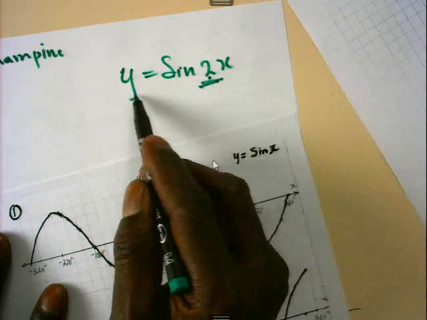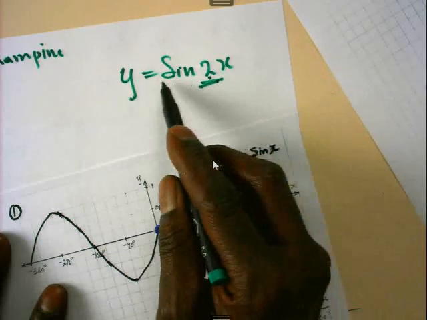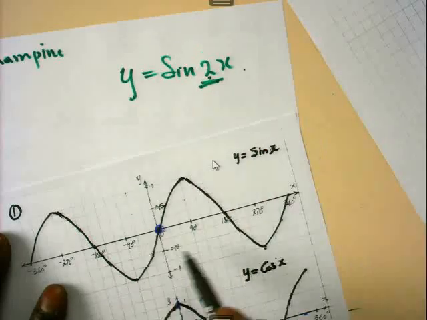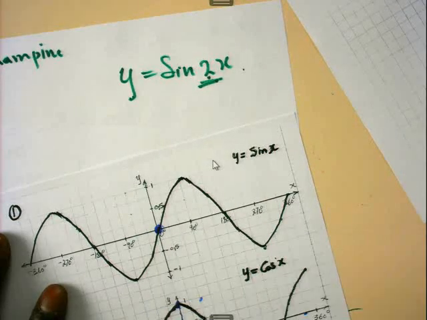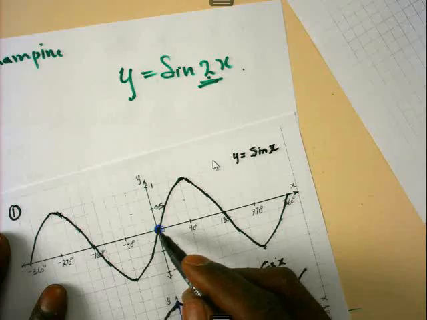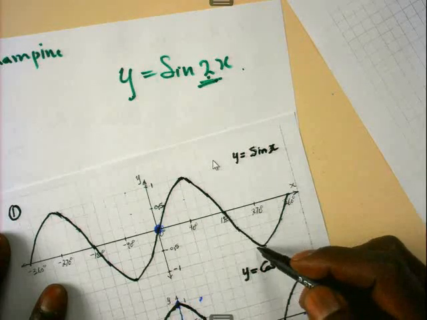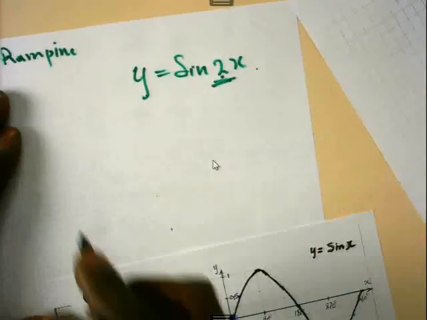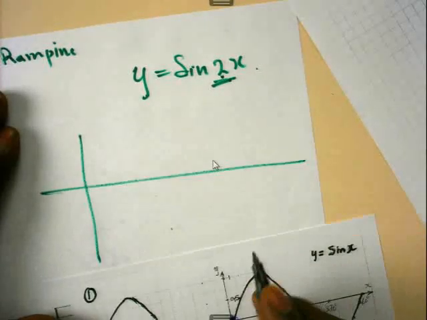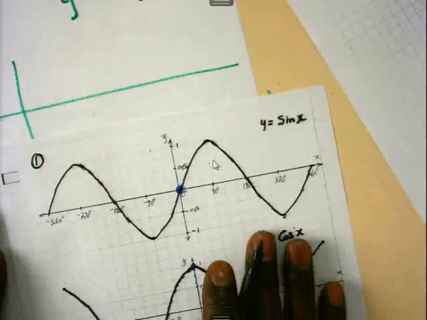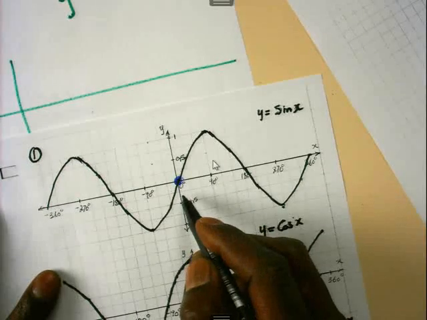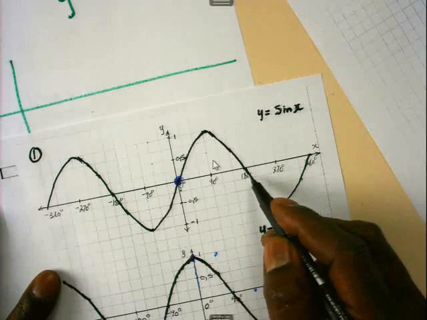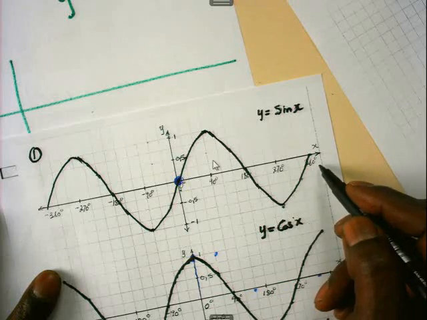So in order for us to draw the graph of y equals sine 2x, we will like to have the same pattern of 0, 1, 0, negative 1, 0, 1, 0, negative 1. In the original graph, we have multiples of 0, 90, 180, 270, 360.